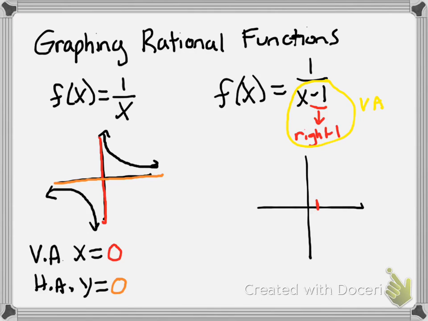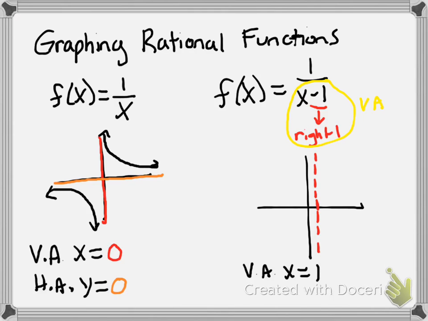So there's 1 on my x-axis. Usually when we draw these, we try to put a dashed line. So that dashed red line is my vertical asymptote, and that one's at x equals 1.